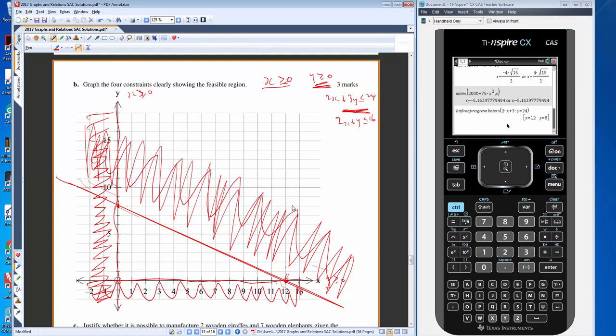So we narrow it down to a feasible region enclosed here, because basically we've got a finite amount of things we can manufacture. Okay, so let's label it: that is 2x plus 3y less than or equal to 24.